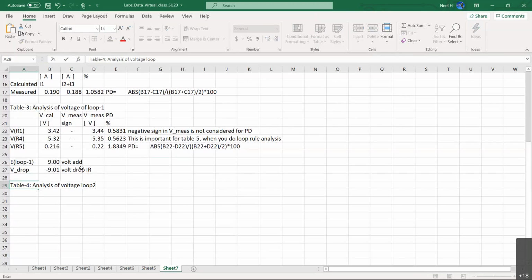Voltage on loop 2. Everyone okay? Any question? No? Good.